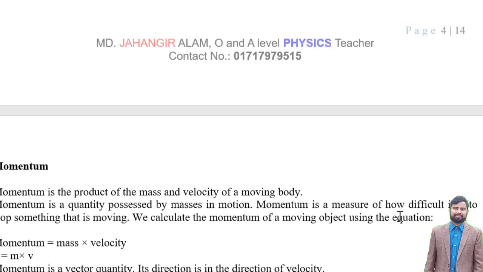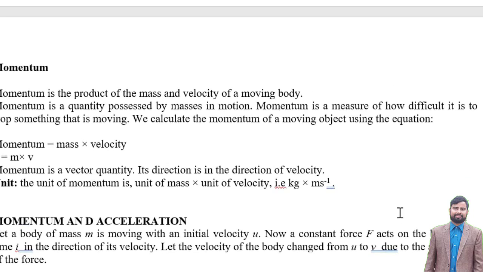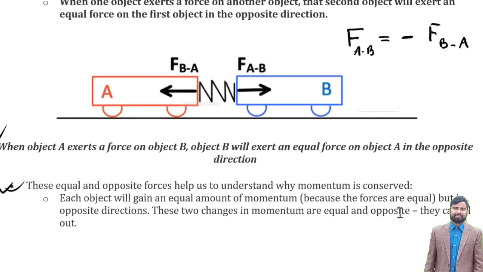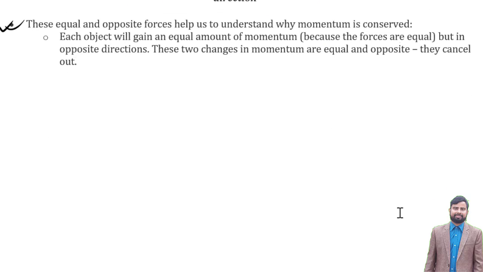Sometimes we use this formula. Say the first object has mass m1 and initial speed u1, and the second object has mass m2 and initial speed u2.